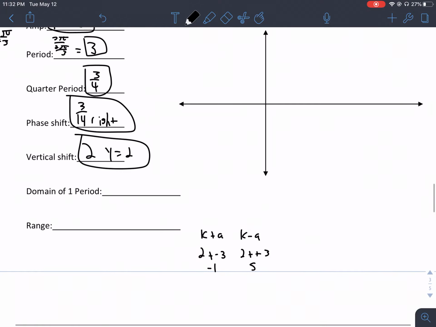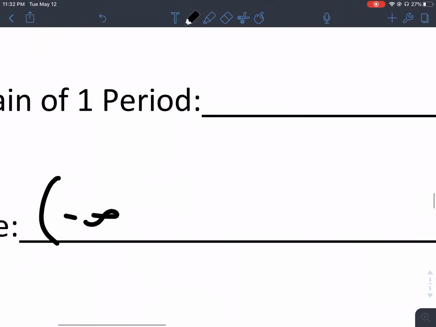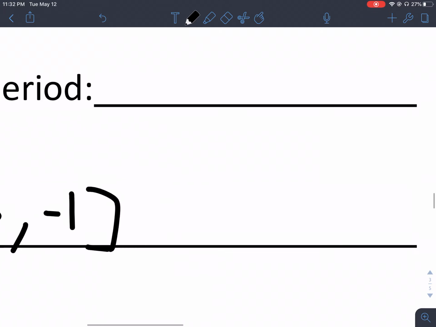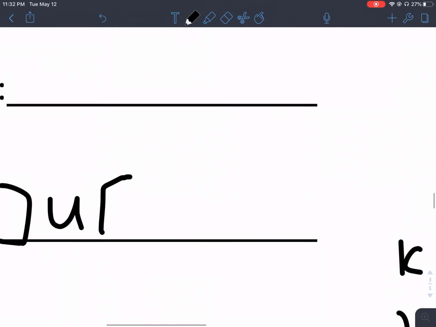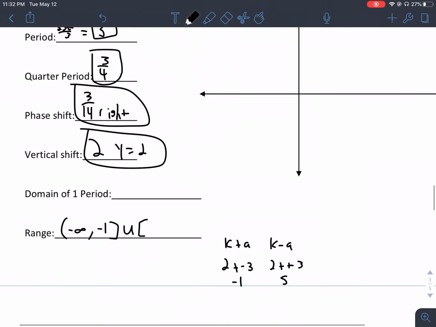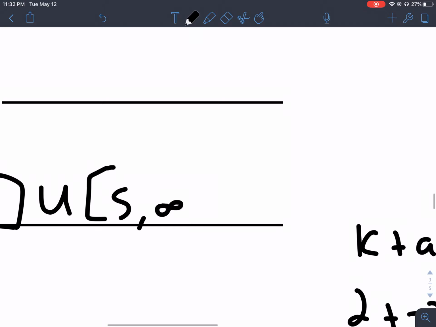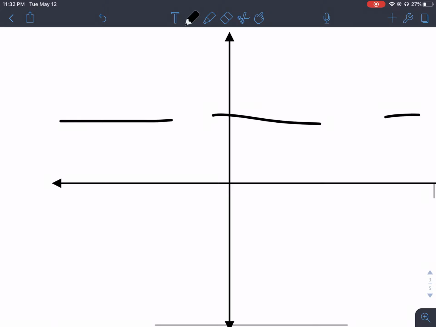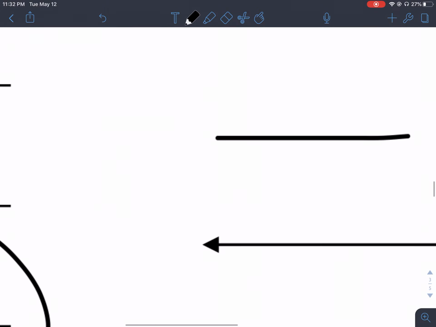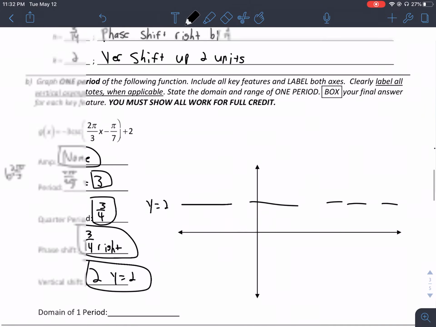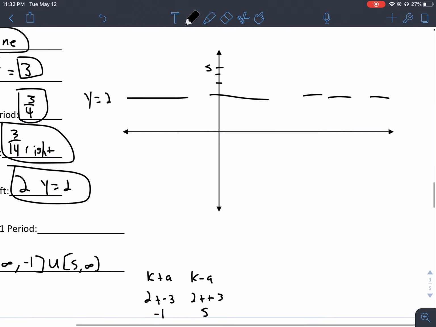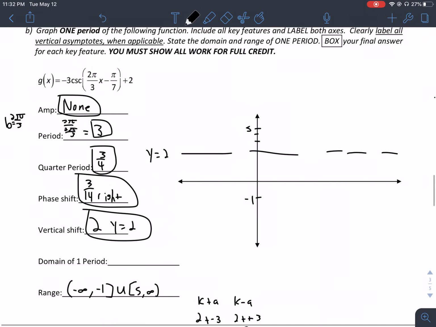So that is our range: parentheses, negative infinity, comma, -1, bracket, and then bracket 5, comma, infinity. Okay, so we know our midline is 2, so we're going to draw a midline at y equals 2. Then we go to 5, so 3, 4, 5, and then -1, which is right here.